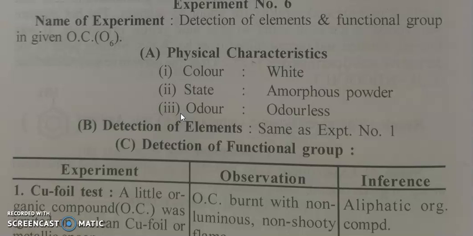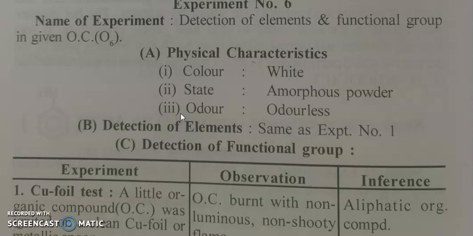What is the procedure? A pea-sized piece of sodium metal, dried with blotting paper, was taken in a clean and dry fusion test tube. It was melted and 2-3 drops or a pinch of the given organic compound was added.